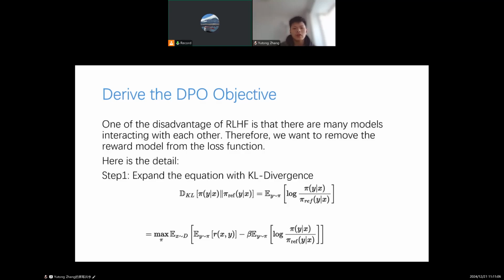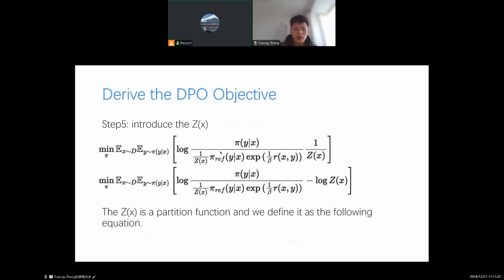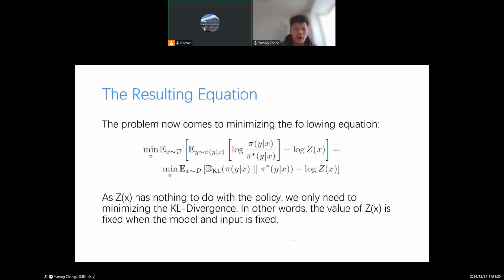So one of the disadvantages of RLHF is that there are many models interacting with each other. So we want to remove the reward model from the loss function. And so first, we just do some transformation here, right? And finally, through some transformation, we get a final equation without the reward function, right? So the question now comes to how to minimize the following equation.